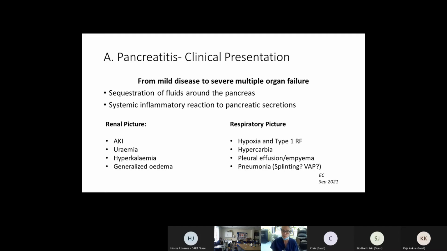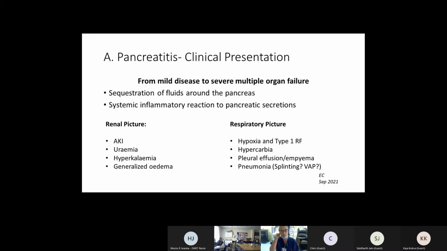But hypercarbia is also common, as pleural effusion, mainly on the left, again because of the proximity of the tail of the pancreas. And this pleural effusion can get infected. And this could be because of a pneumonia that appears later.